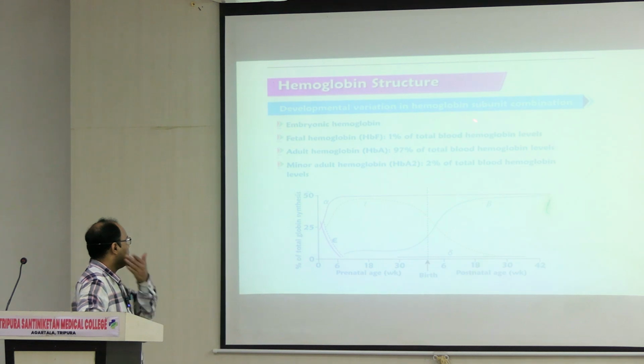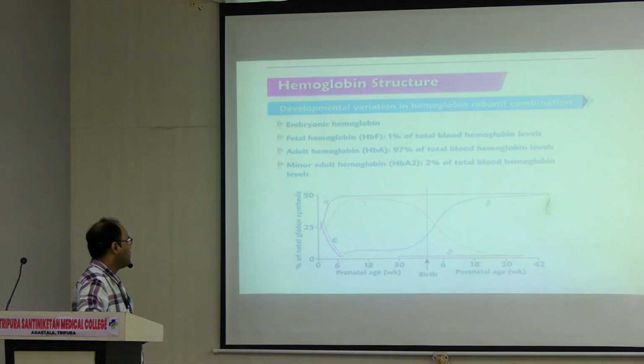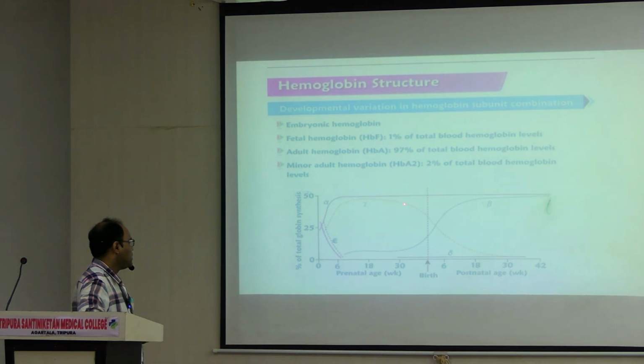So you can see developmental variation of hemoglobin, subunit combination, embryonic hemoglobin. Here you can see after 15 days and after 6 weeks, 50% alpha chains achieved, and almost throughout life it maintains 50% alpha chain. After a few weeks, gamma chain developed, and after 30 weeks it starts to decline.